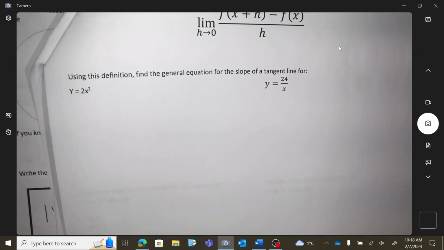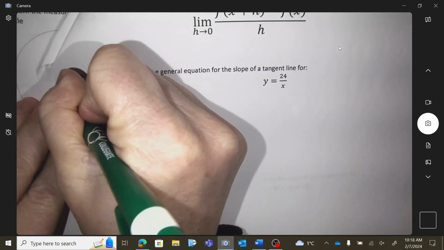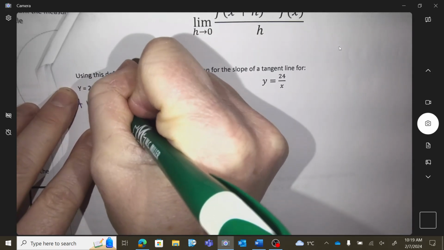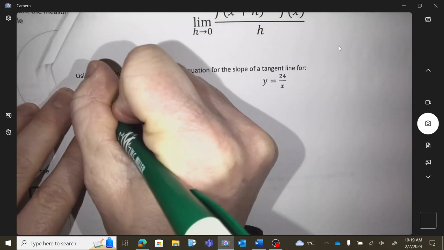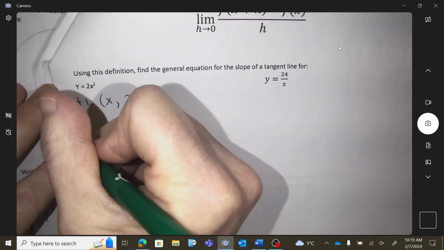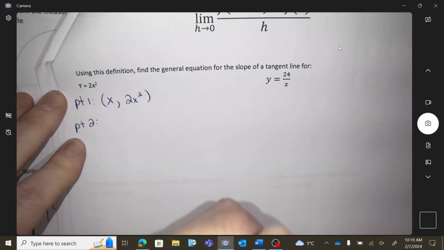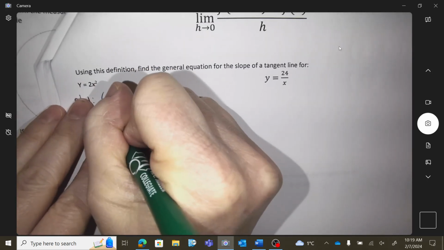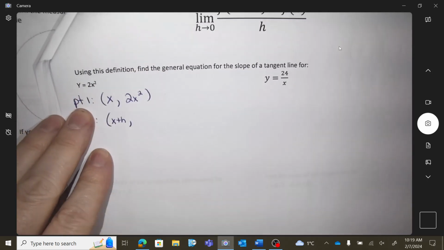Okay, so use this definition to find the slope. Okay, so let's go. Point 1 would be x comma 2x squared. Point 2 is now x plus h, right?